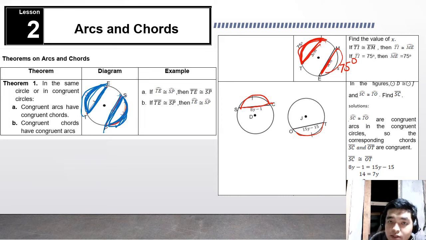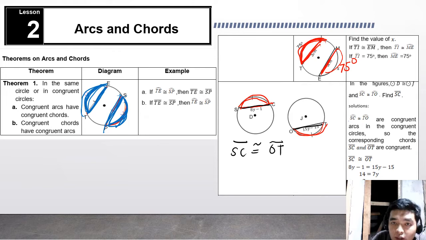Since our arcs are equal, it follows that the chords are also equal. Therefore, chord SC is congruent to chord OT.